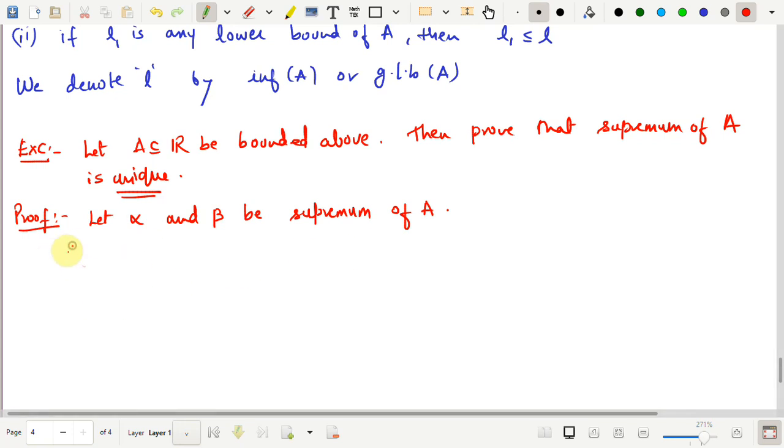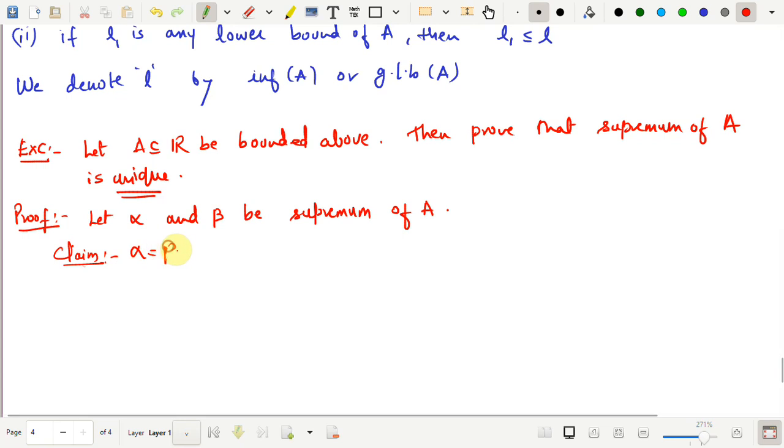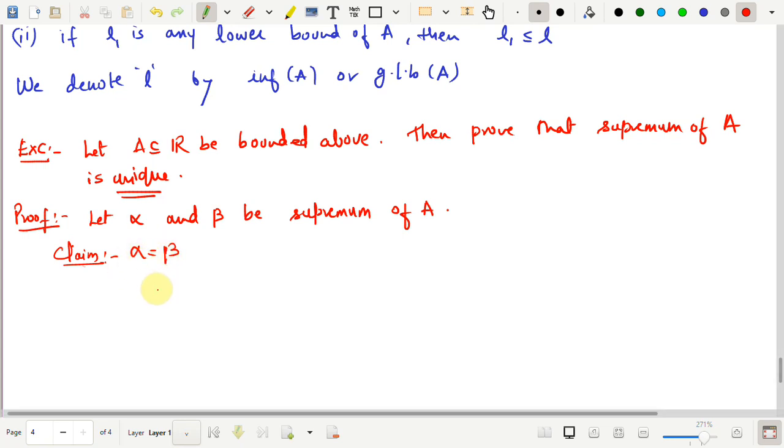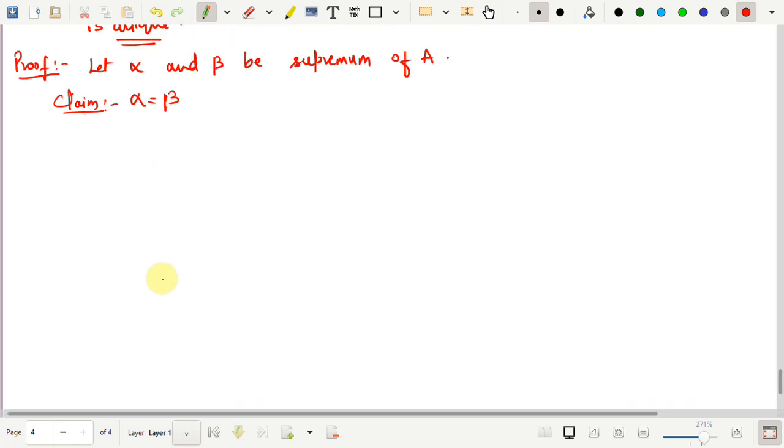So whenever we want to go to certain tasks, we always write it down as a claim. So this is what I want to prove: alpha is equal to beta. So how do we proceed? So first, you know that being supremum, it has to be an upper bound of the set also.